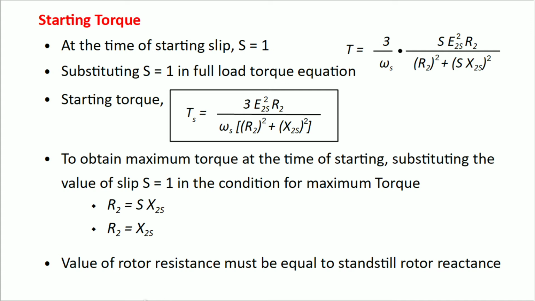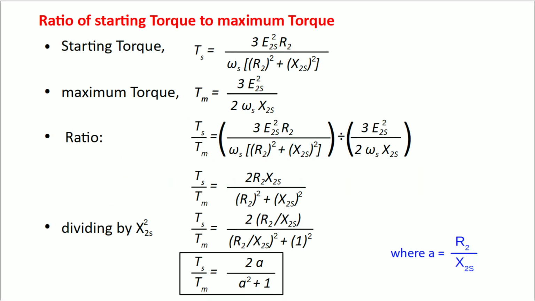Now let us see their ratios and simplify the relations further. We can write the equations for all the torques: starting torque, maximum torque, full load torque we already know. The ratio of starting to maximum, dividing this equation by this equation, what remains is 2 R2 X2s over R2 square plus X2s square.